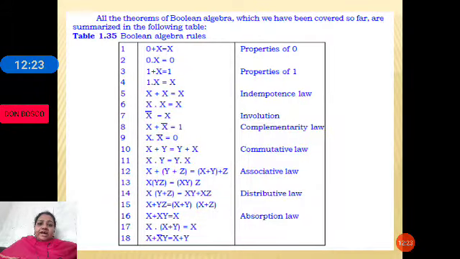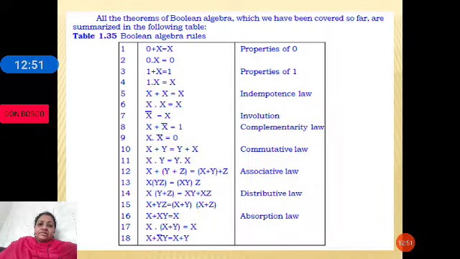Let us quickly have a recap of all the Boolean laws which we have studied, and let us start with the first theorem. 0 plus x is equal to x. 0 ANDed with x is equal to 0. 1 plus x is equal to 1. 1 ANDed with x is equal to x.